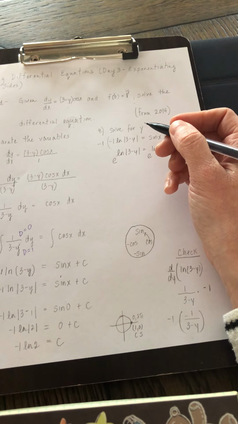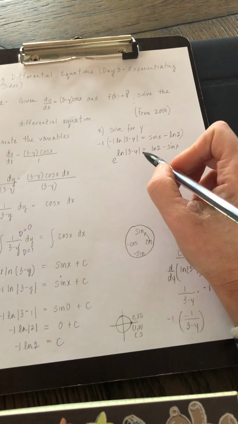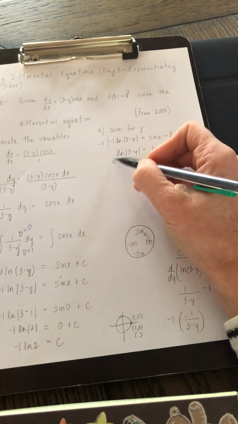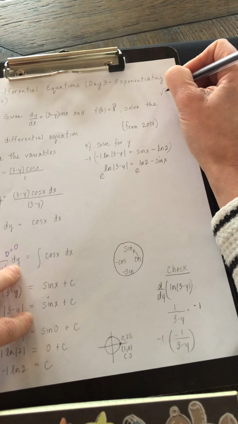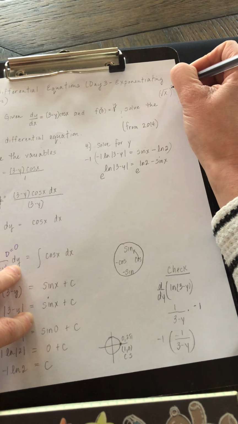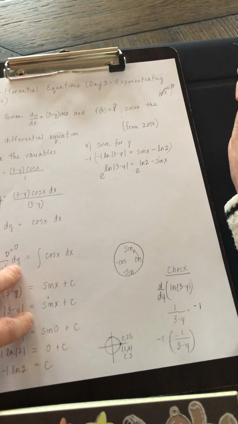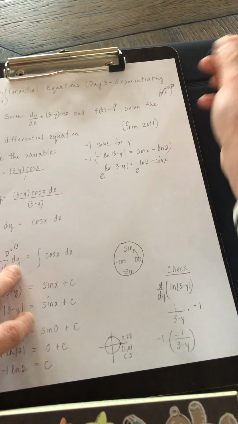And the reason why this is helpful is, well, we reviewed this shortcut yesterday. E to the x and ln of x are inverse functions. So in a very similar way, like if you had the square root of x squared, right? We know that the square and the square root sort of cancel each other out, and you're just left with x.